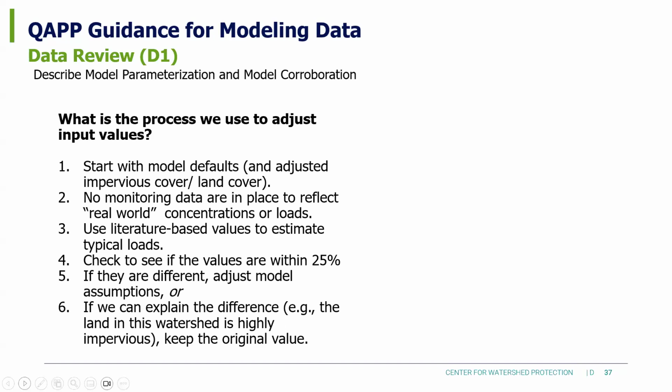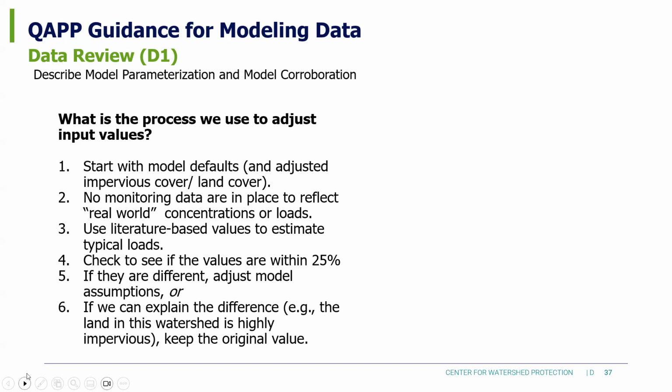Okay. All right. The thing that's a little different about the model in QAPPs is the data review portion. In our QAPPs, the last part is kind of where we're reviewing the data. We're seeing, is it good enough? We're adjusting things.